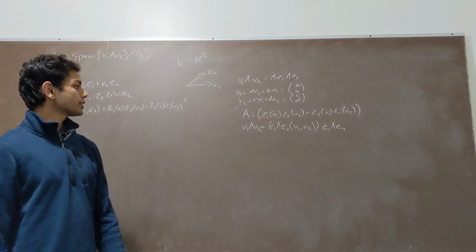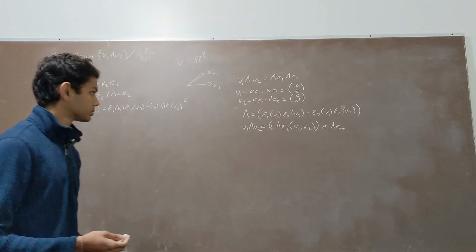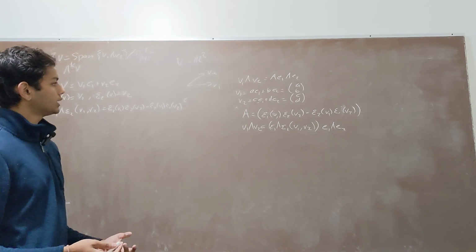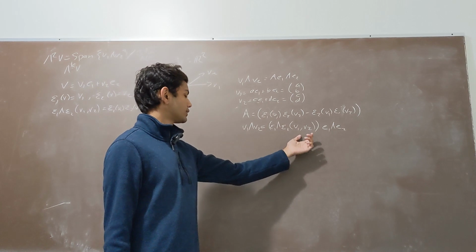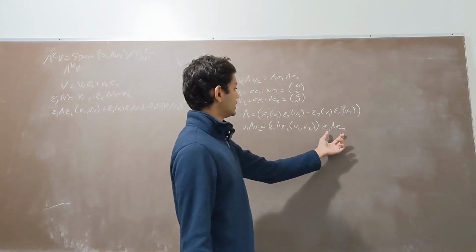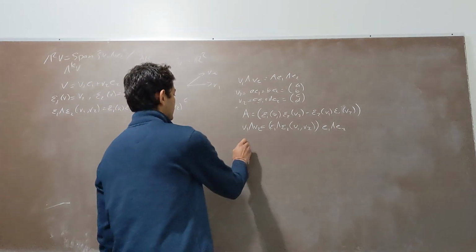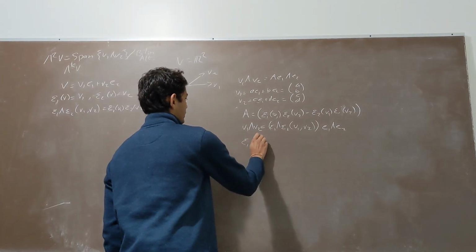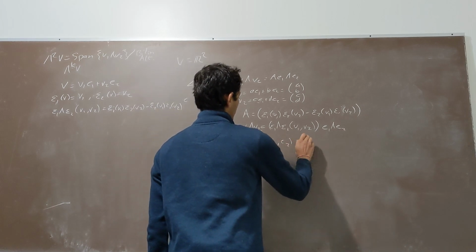Okay, so let's first do some sanity checks to make sure that this function gives us what we expect. So the first thing we expect is that if this function is giving us the area of the thing spanned by these two vectors as a multiple of this basis, then we expect that epsilon 1 wedge epsilon 2 of E1 comma E2 should be equal to 1.